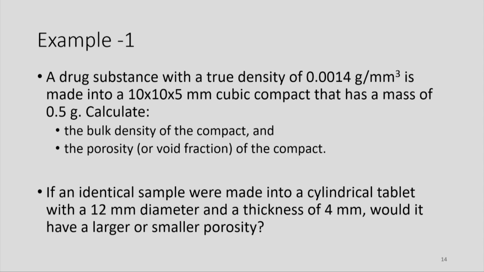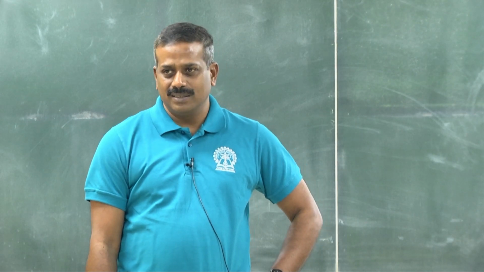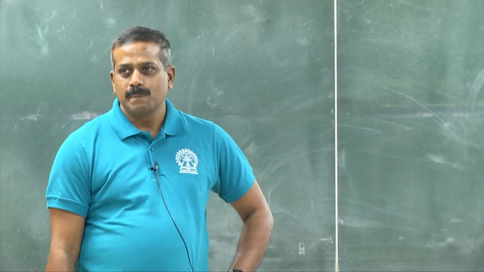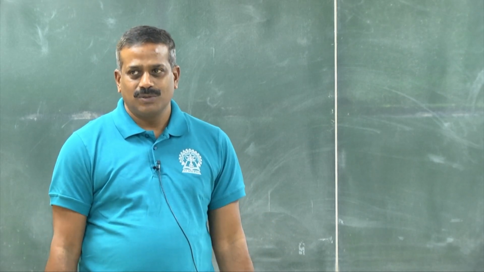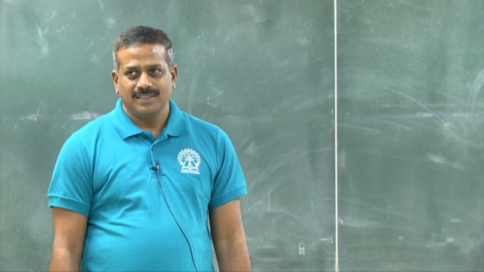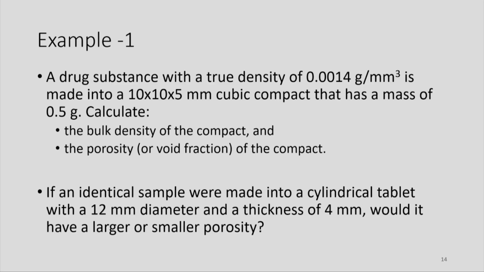Anyone did the calculation? Which one will have a higher porosity, cubic compact or a cylindrical compact? Anyone did the calculation? No, not yet. Let me see if I can get the values.